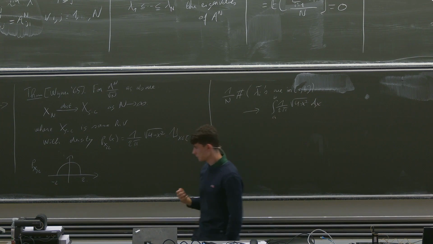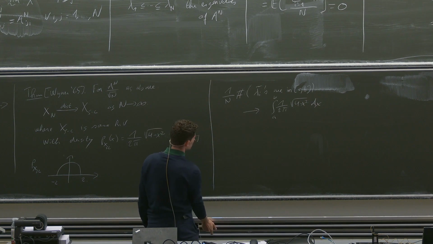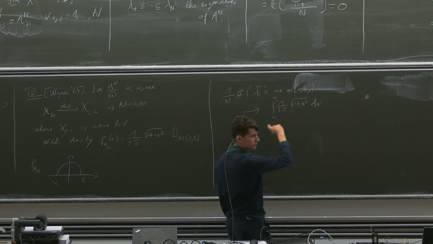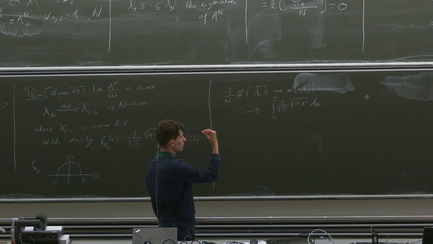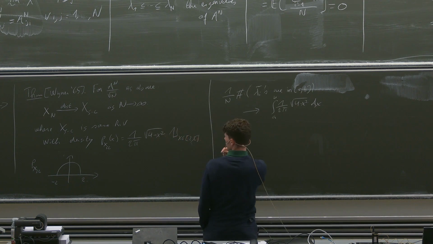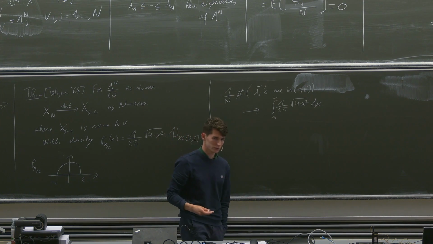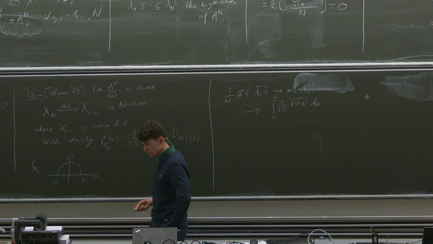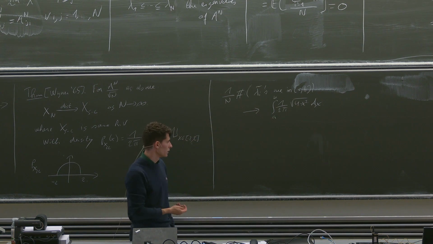This is what I said orally. But mathematically, what I mean is that the proportion of eigenvalues in the interval [a, b] converges to the integral over [a, b] of the density of the random variable distributed according to the semicircle.